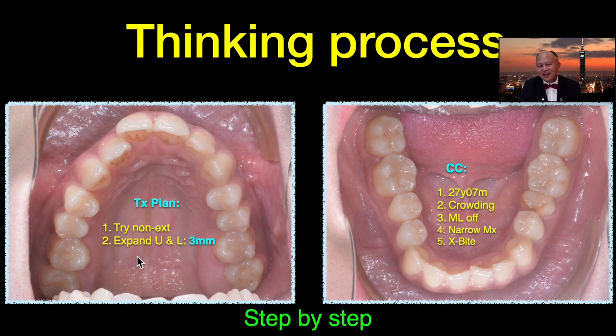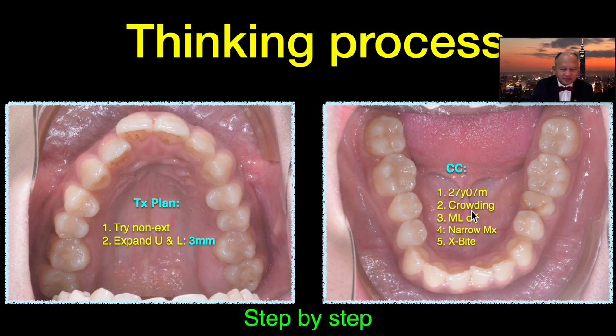And the way I did it in this case, I want to expand the upper arch and lower arch 3 millimeters. 3 millimeters is just an estimated number. At the end, it might come out as 5 millimeters per side or 4 millimeters per side. When I say per side, it's left-hand side and right-hand side.